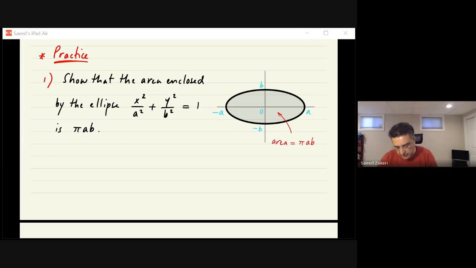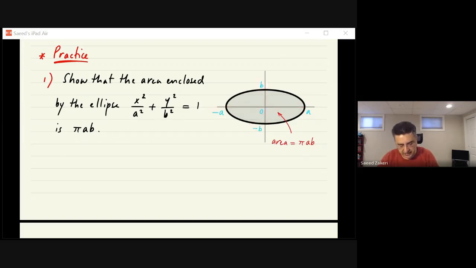This is the ellipse in the plane which goes from negative a to a along the x-axis, so it has a horizontal axis extending from negative a to a, and a vertical axis extending from negative b to b.